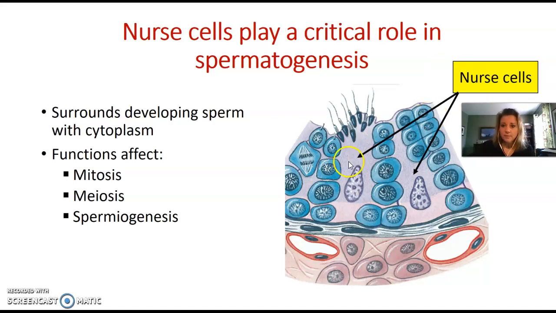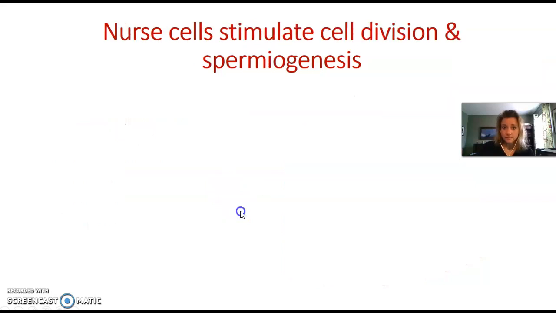Here you can see the arrows pointing to the cytoplasm of these nurse cells. Here's the nucleus of the nurse cell. The nurse cell is going to use its cytoplasm to support the development of the sperm. The nurse cells are going to affect mitosis, meiosis, and also spermiogenesis.